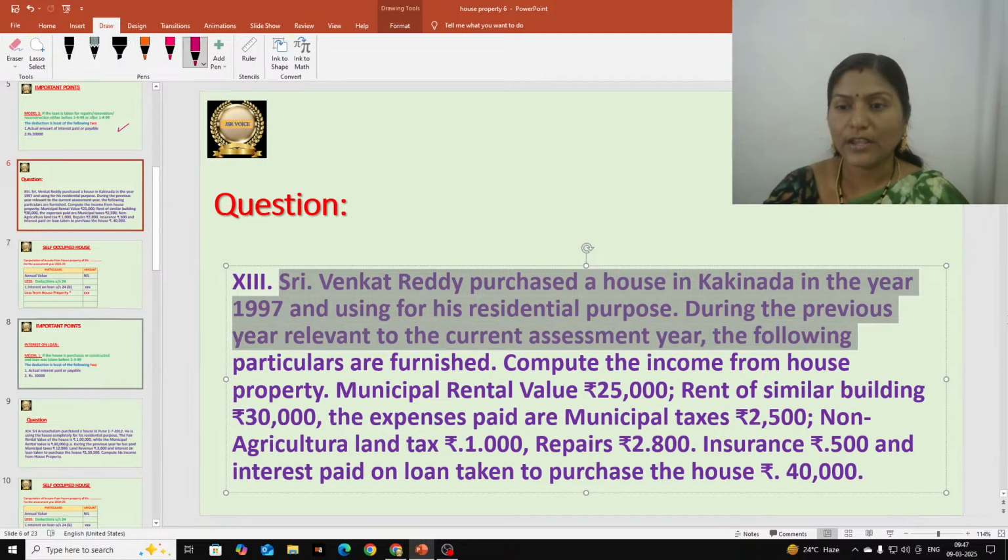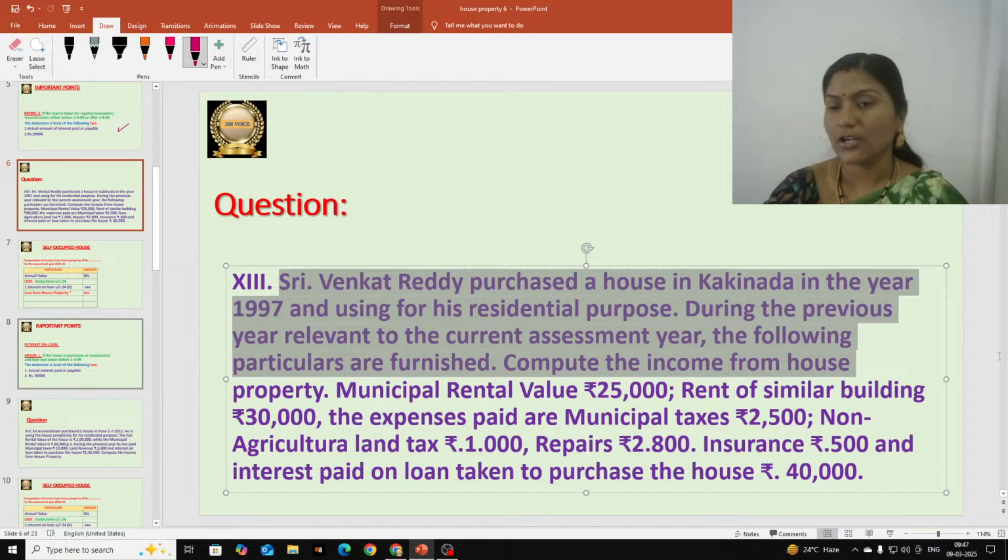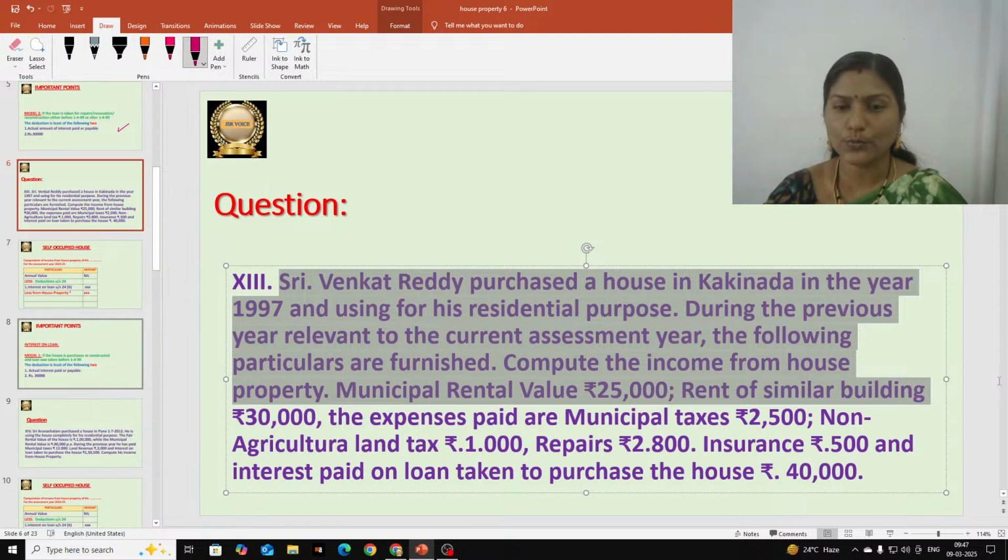During the previous year, relevant to the current assessment year, the following particulars are furnished, with which we are going to calculate the self-occupied income. Compute income from house property. They are asking us to calculate income from house property.